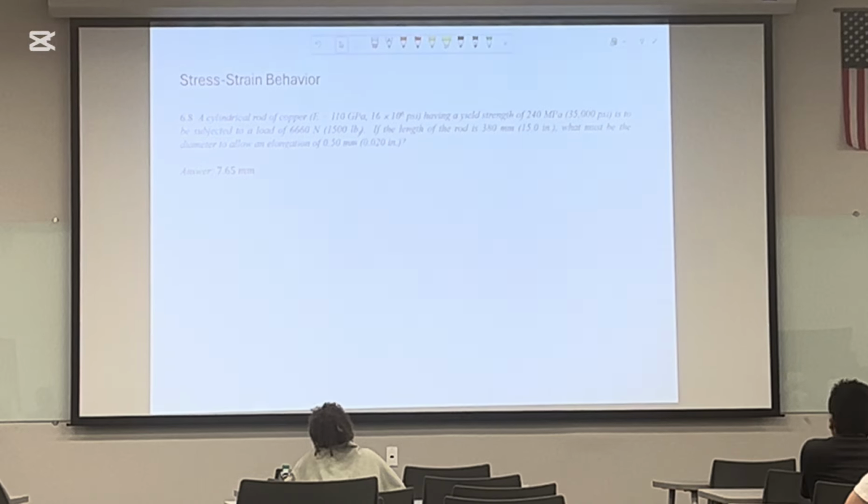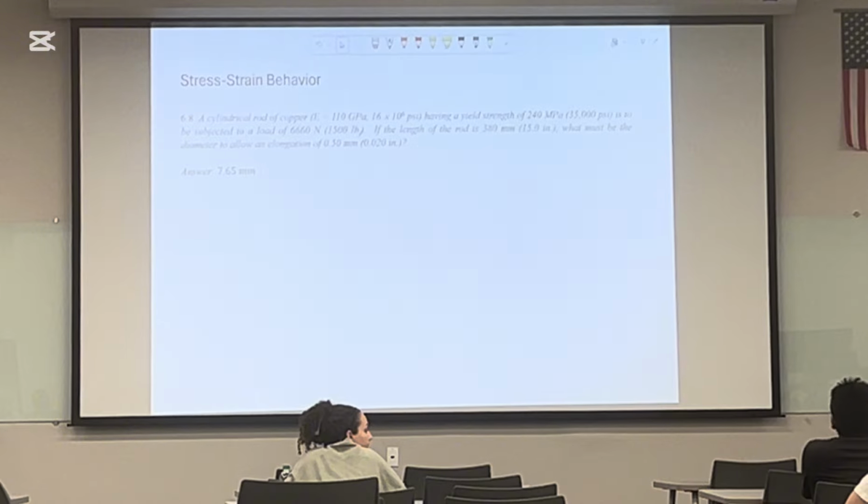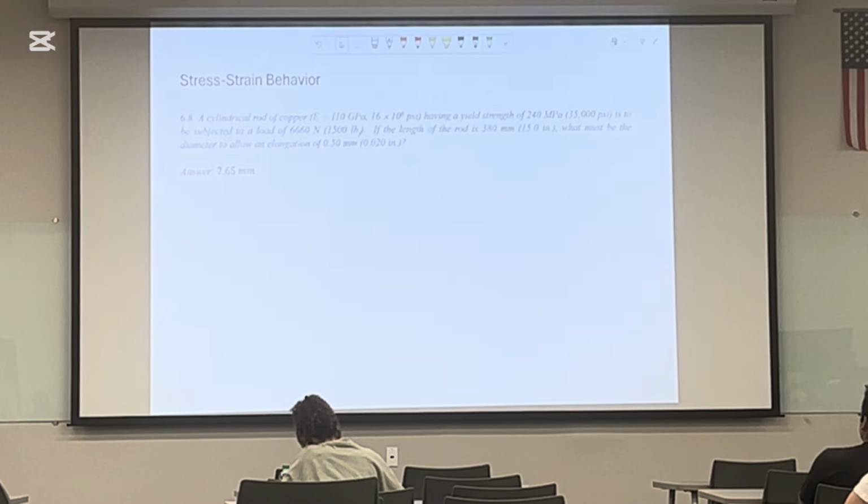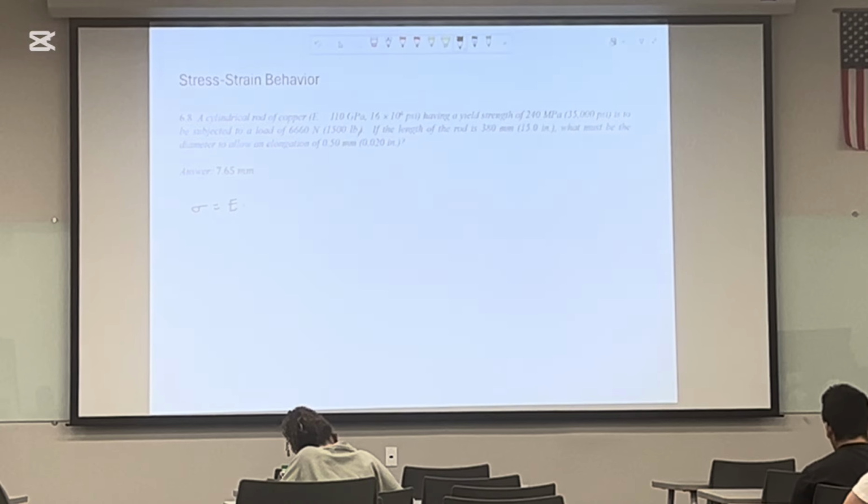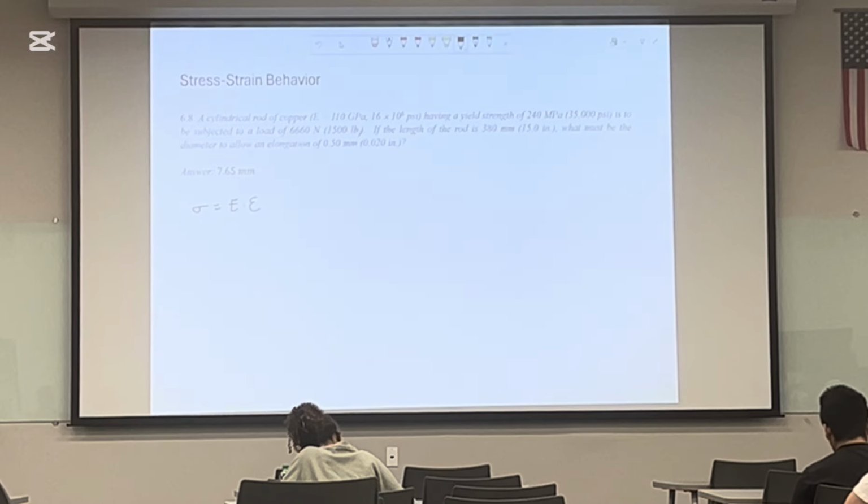So yeah, let's hold it together. Again, let's try to look up the equation. The main equation we have is the Hooke's law, right? Which is stress is equal to Young's modulus times strain, right? But let's break it down.